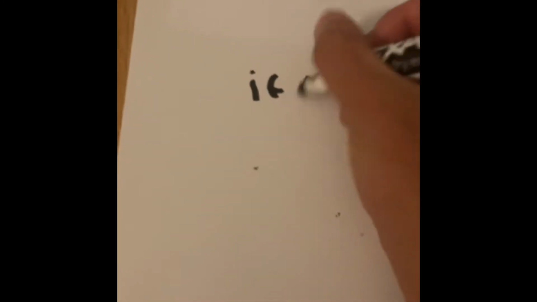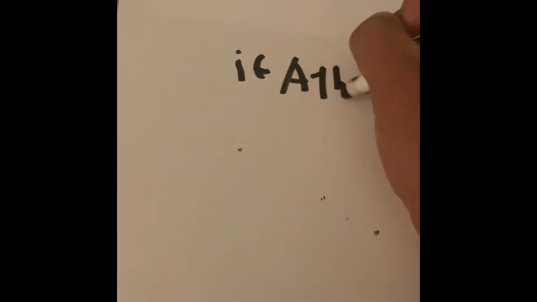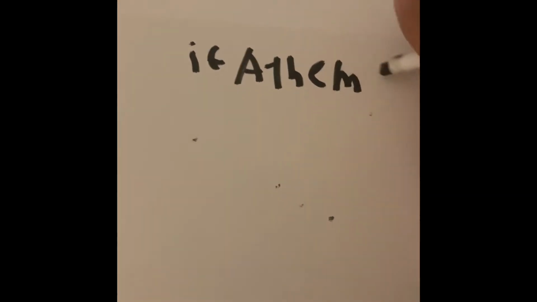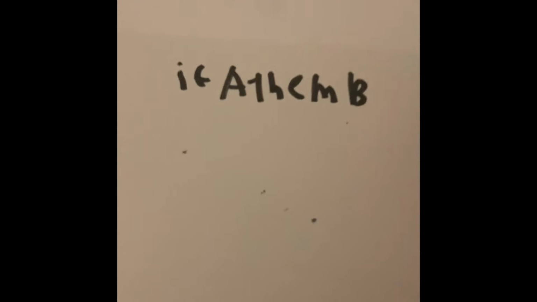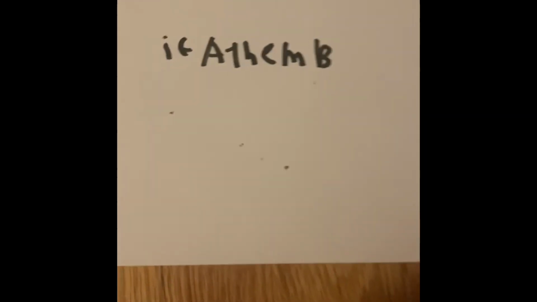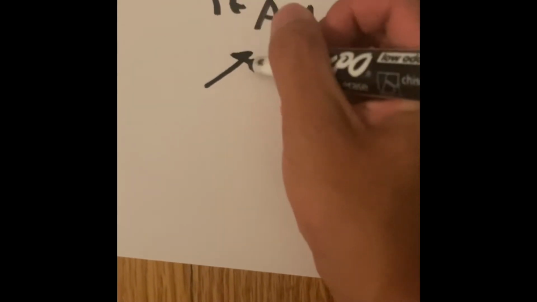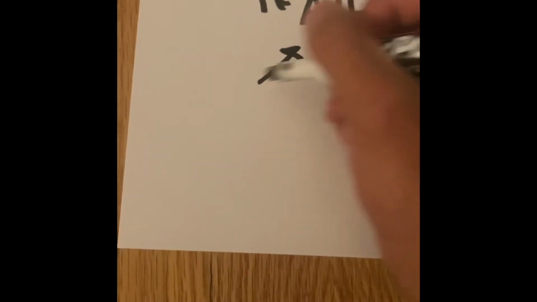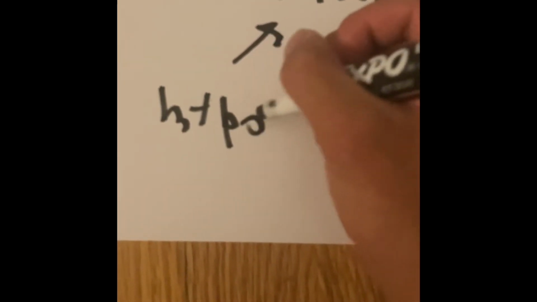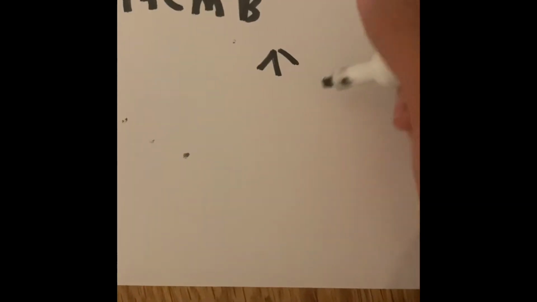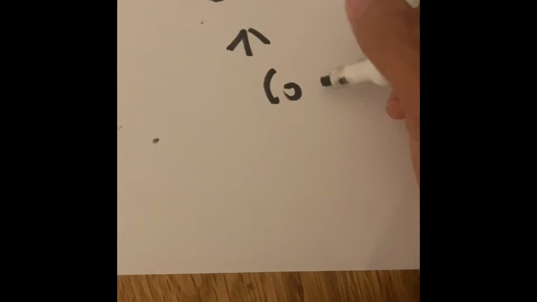So we're going to say if A, then B. That is an example of an if-then statement, where A is represented as the hypothesis, and B is represented as the outcome or the conclusion.